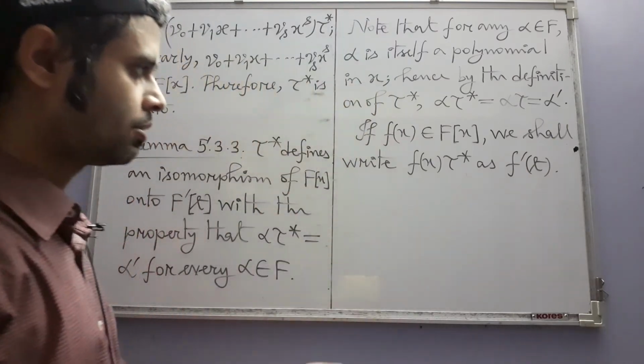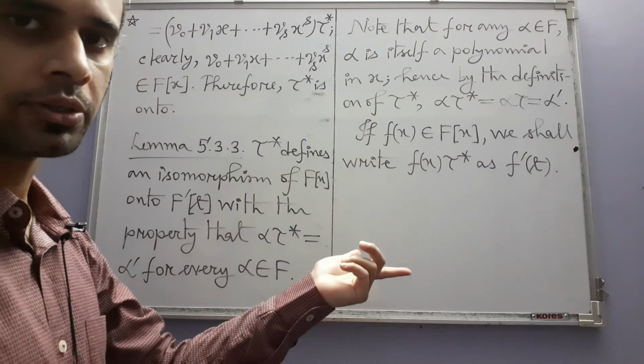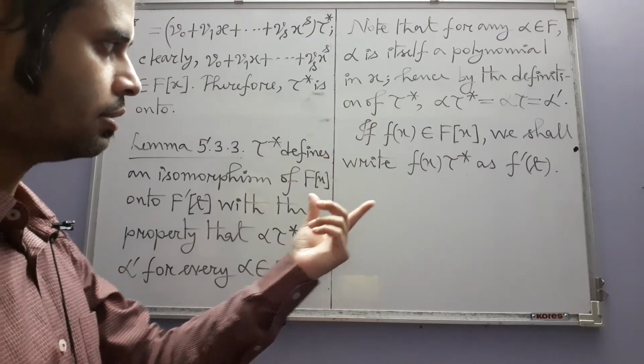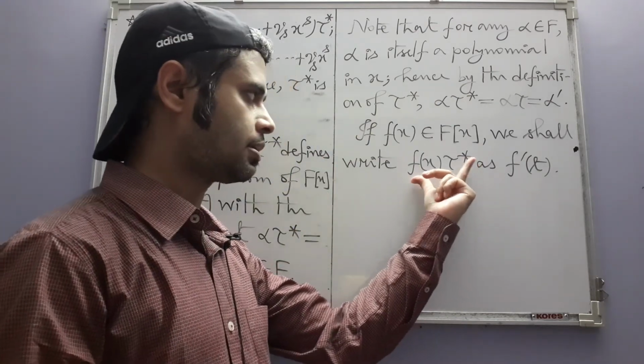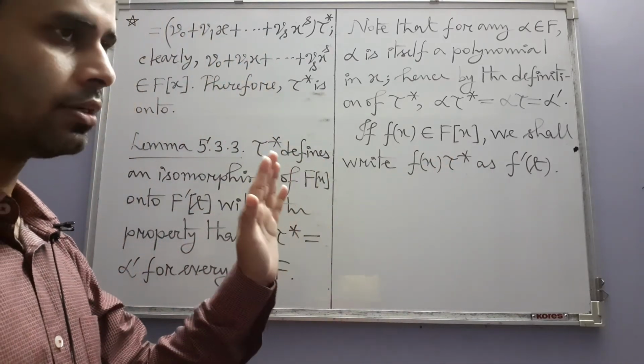Keep in mind that because tau star takes us from this polynomial ring to another polynomial ring where the indeterminate is t, this entire thing is a polynomial in t over the field F prime.